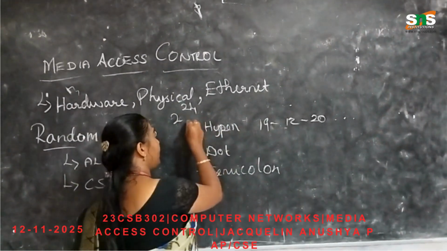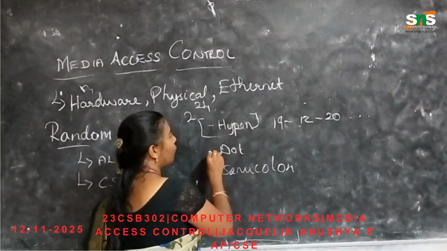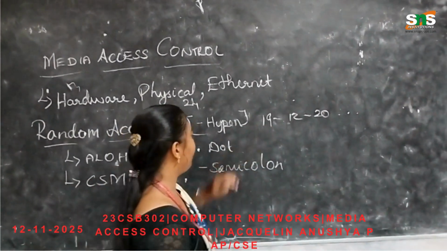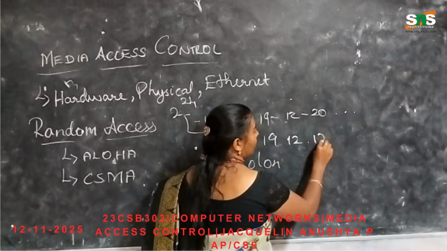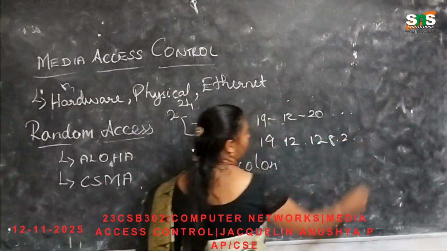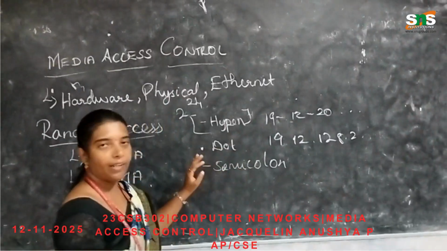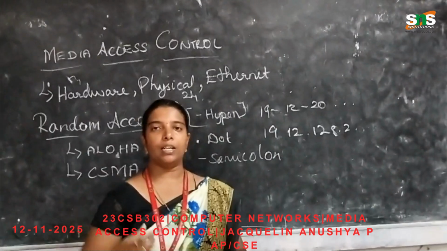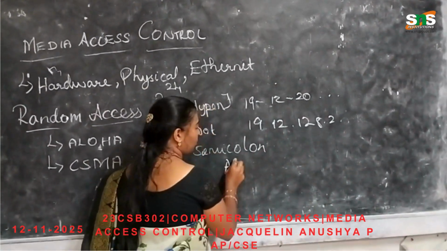In previous days we used the hyphen symbol for IP addresses. After the hyphen, we used the dot symbol for IP addresses to transfer data from one end to another. And now what we are using is the IP address with colons, which consists of alphabets too.